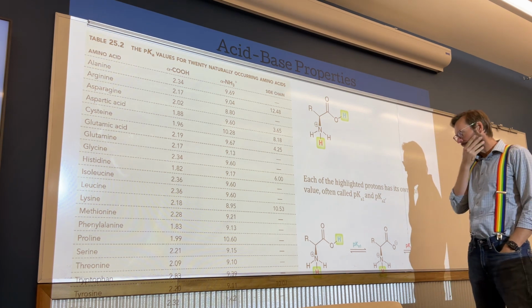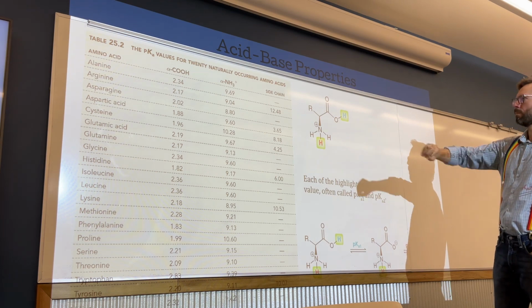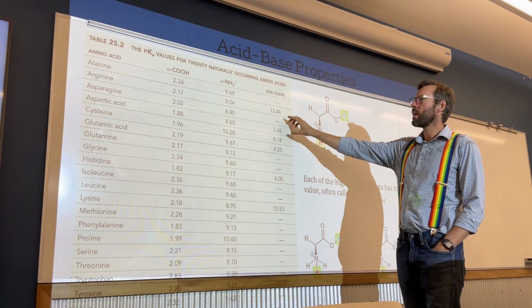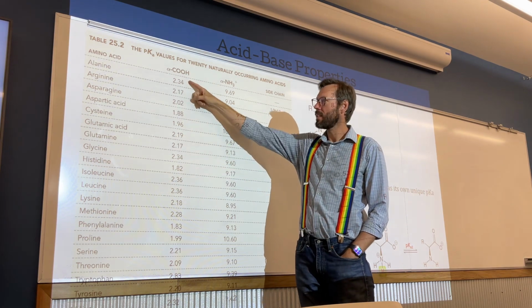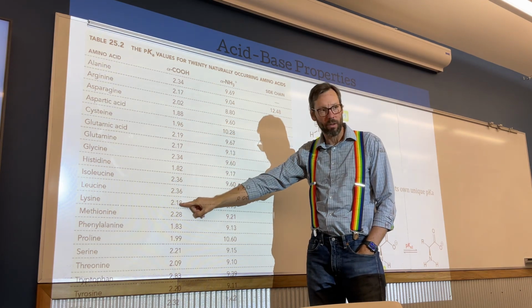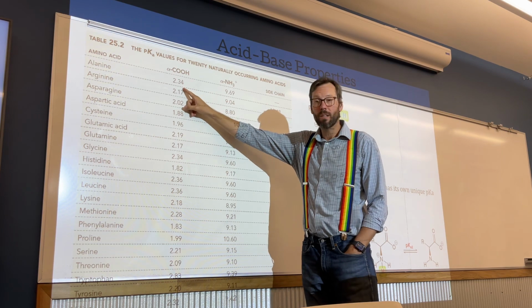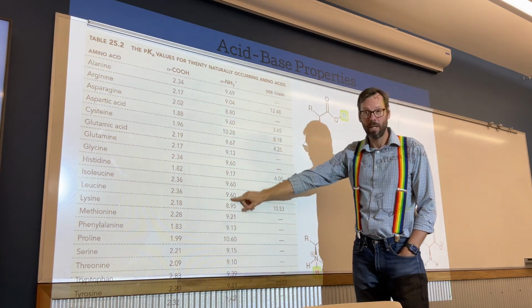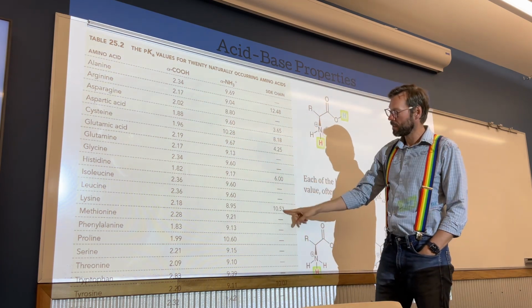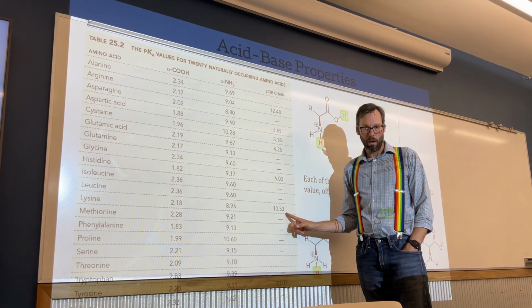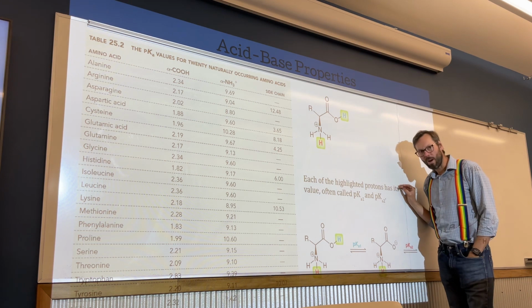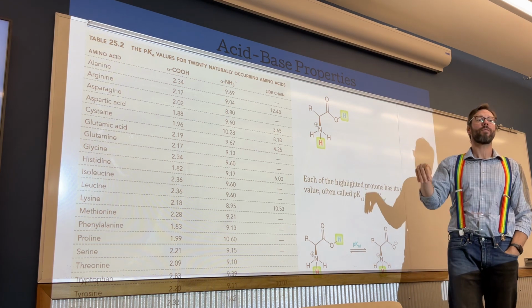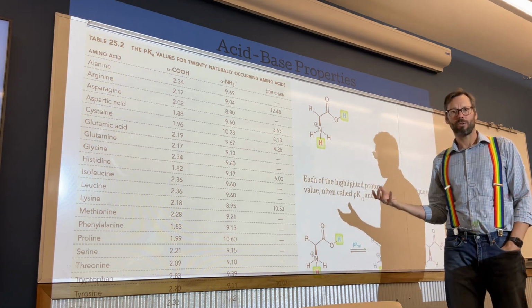And so what you'll see here is that each amino acid has a different pKa value for its carboxylic acid group, as well as its amine group, and in some cases, the side chains as well, okay? And so each amino acid is going to potentially behave differently at certain pH.